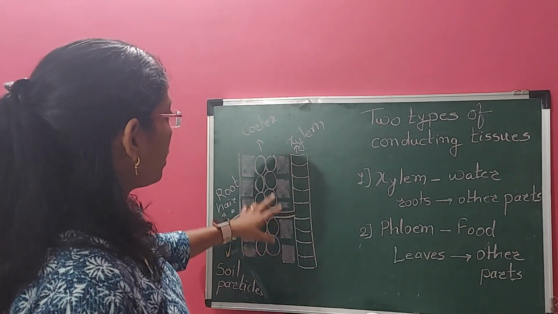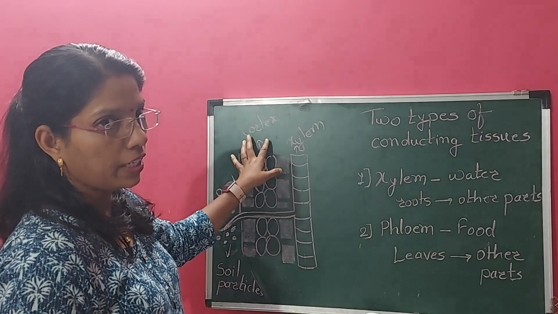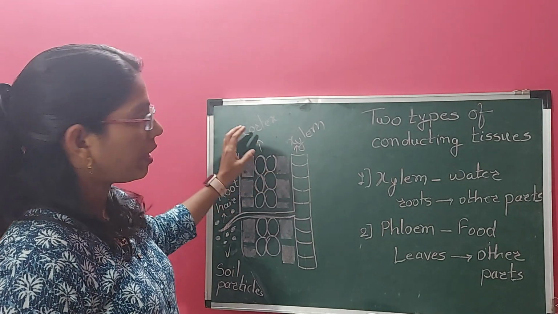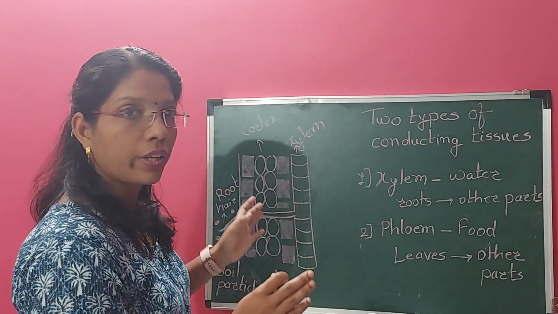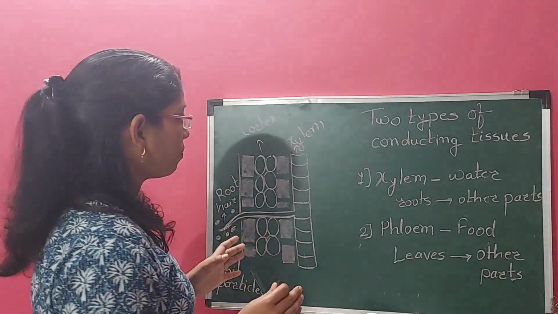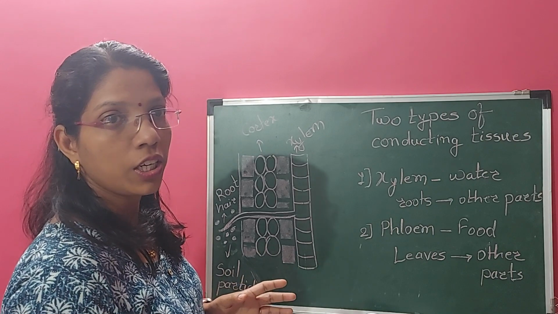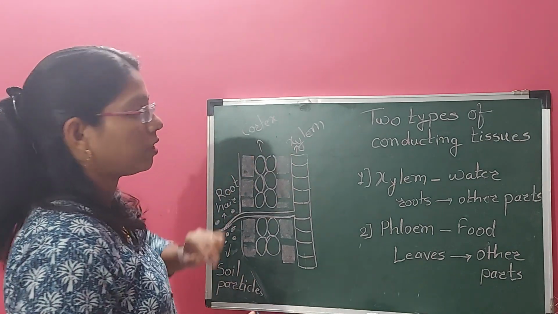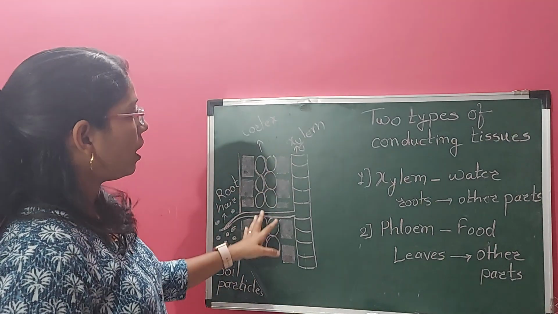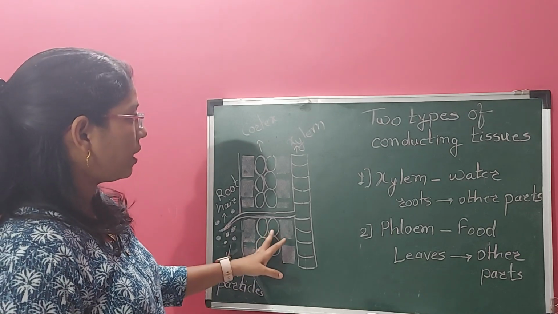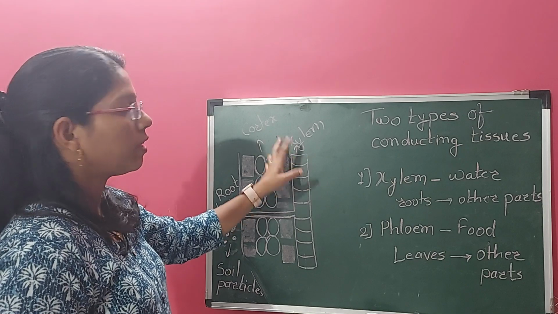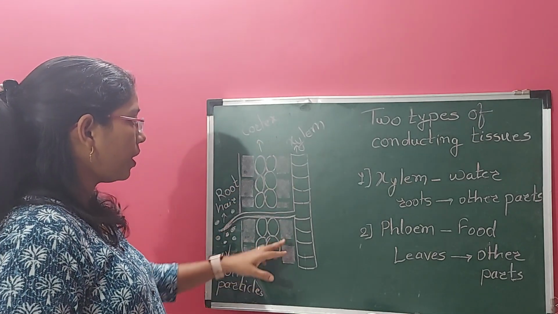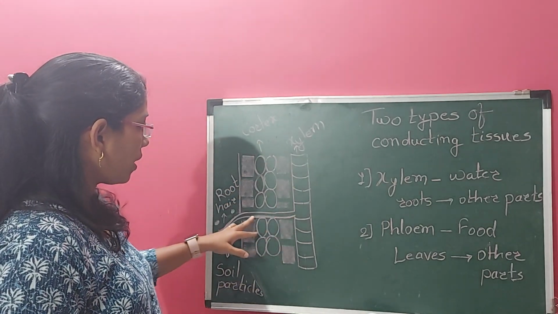The outer part of the root is called the cortex. In biology, the outer part of any particular organ is called the cortex. In the inner part there is a conducting tissue that conducts water, that is xylem.